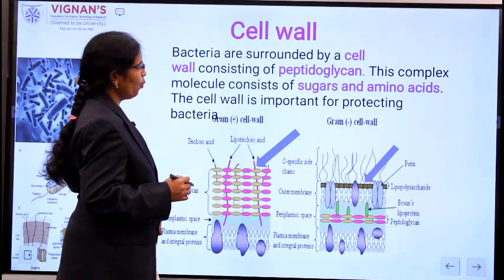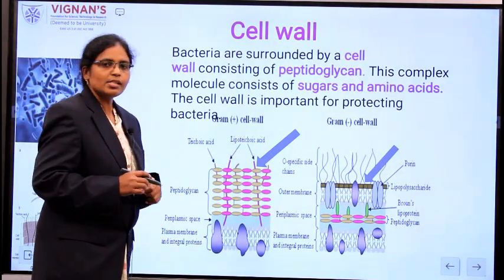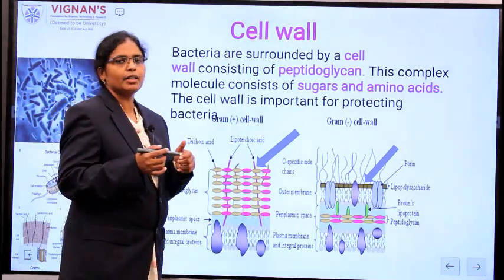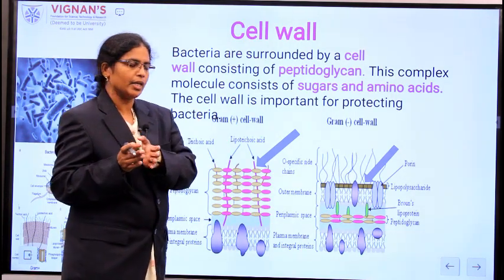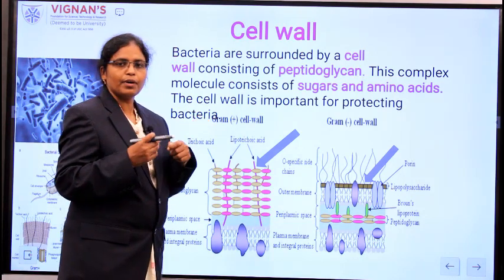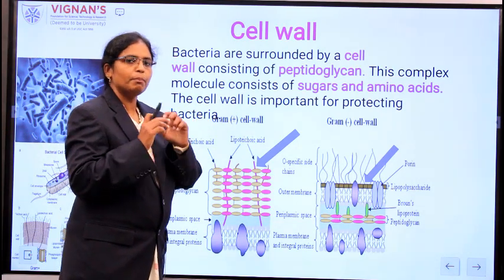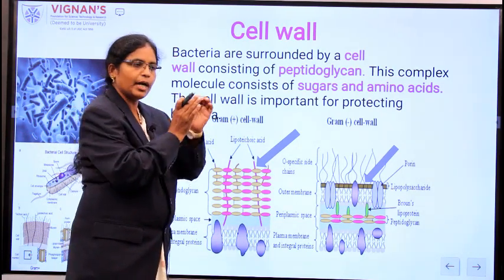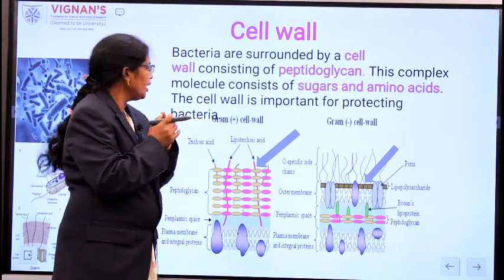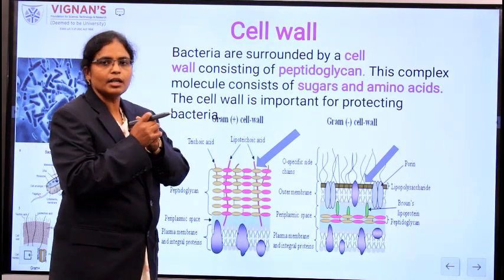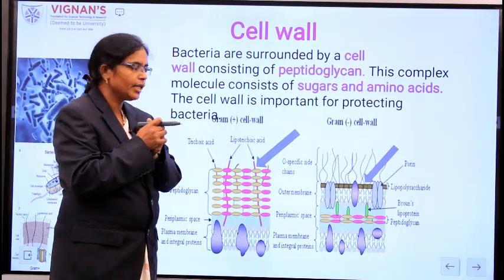If you see the cell wall, based on the cell wall we can differentiate bacteria into two types, gram-positive and gram-negative. This feature helps in the identification of bacteria and we can place the bacteria into a particular group. We already saw in the introductory part that these are characteristic features used in taxonomy.